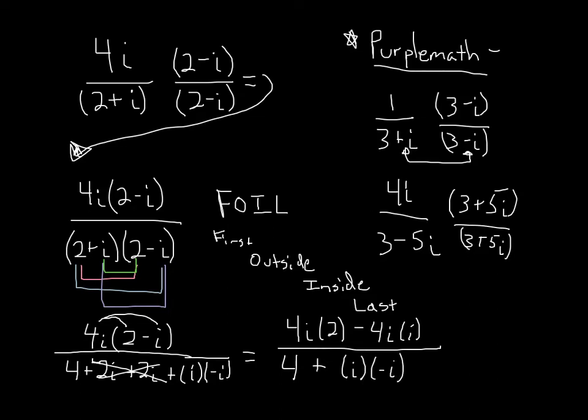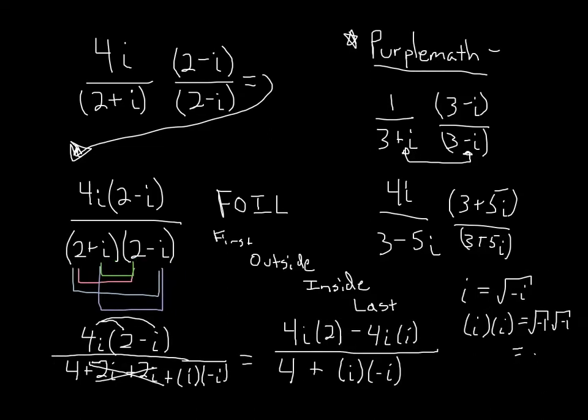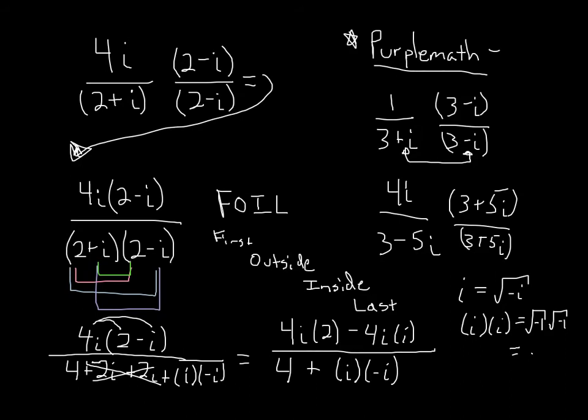Now I need to think about what that i actually is. i is equal to the square root of negative 1. So i times i is equal to the square root of negative 1 times the square root of negative 1, which gives me negative 1.